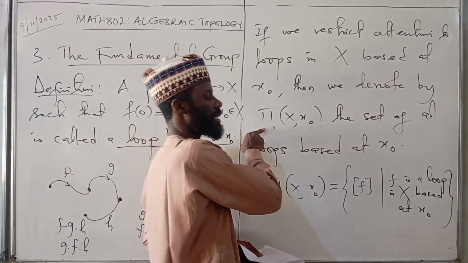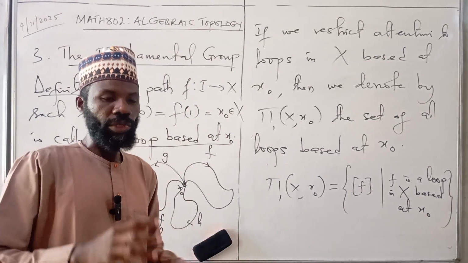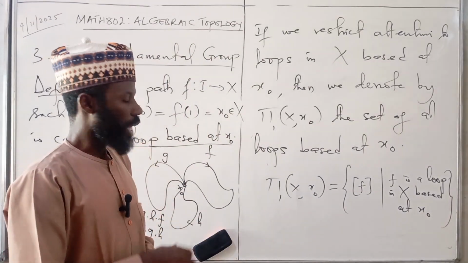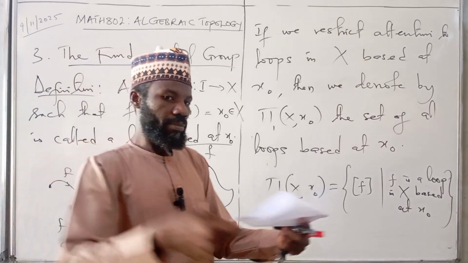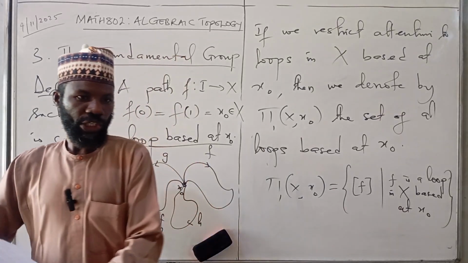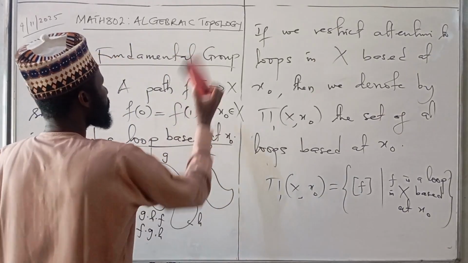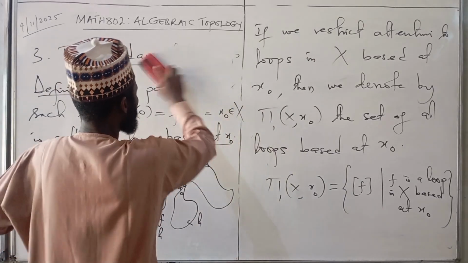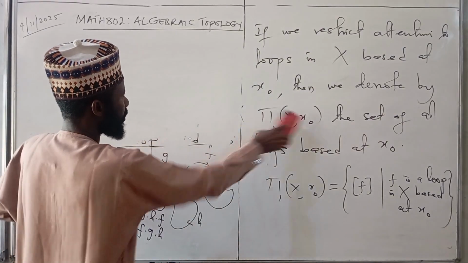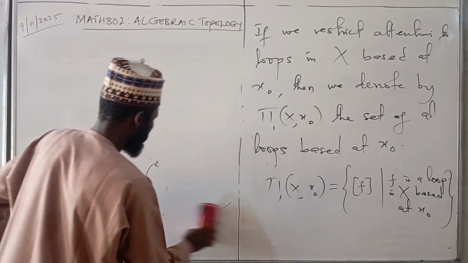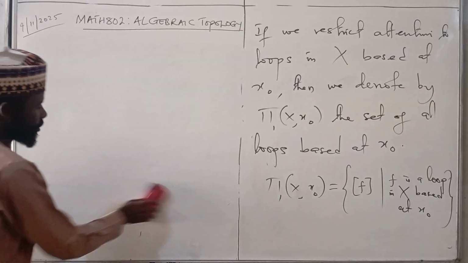So members of this set are equivalence classes. In fact, it is this set that will be our candidate for the group. So we have just defined addition or multiplication of what? Path. So we extend that multiplication to homotopy classes so that we have a group structure on this. So this collection will be a group, and that will be the fundamental group of the space, based at x naught.